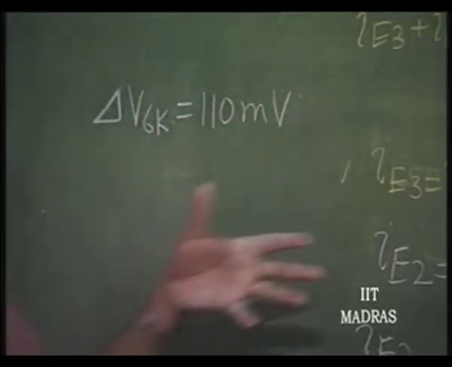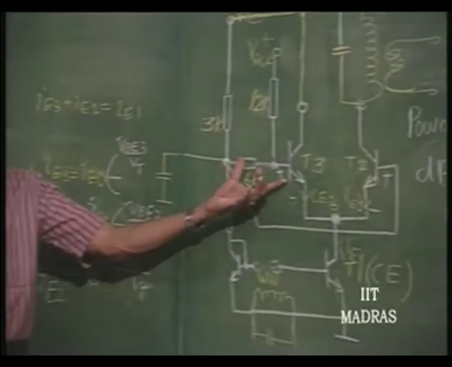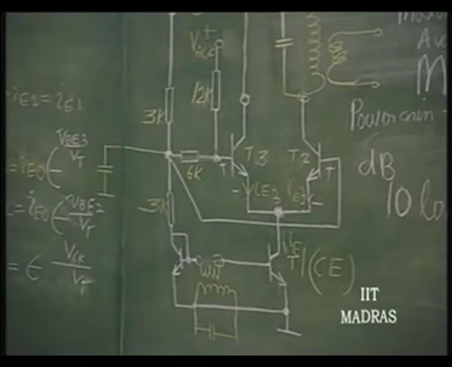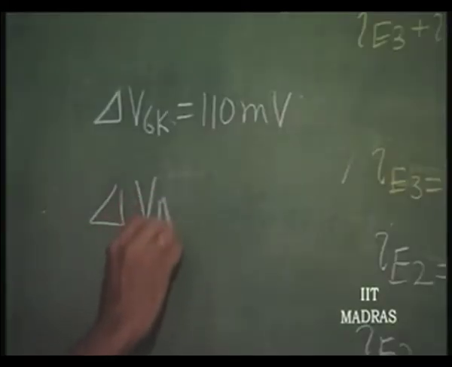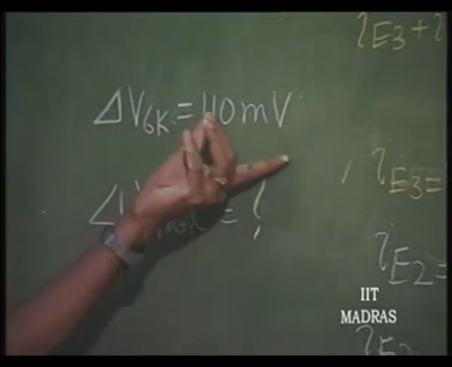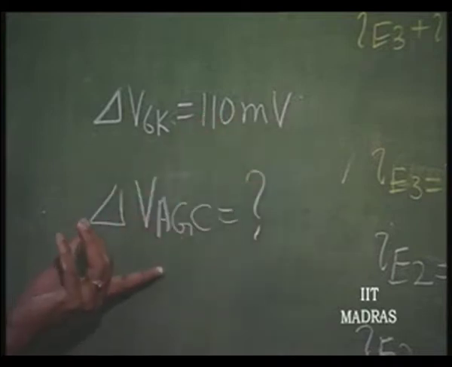For any such differential amplifier, this is very clear. Then what is delta VAGC for this circuit? Let us work it out. If delta V6k is 110 millivolts, what should be delta VAGC?